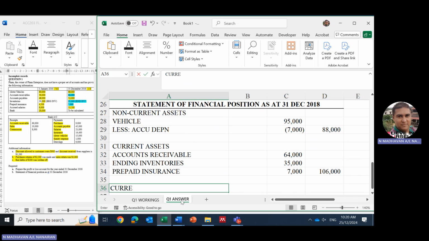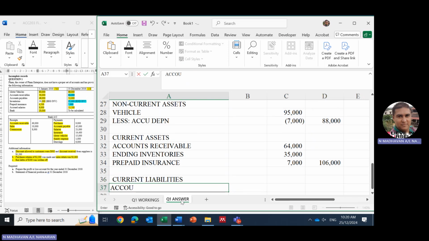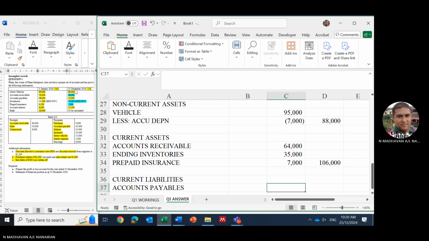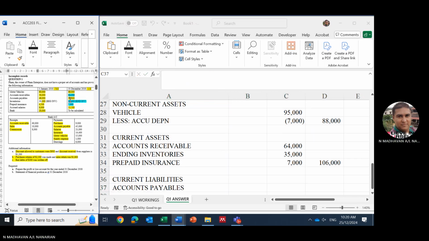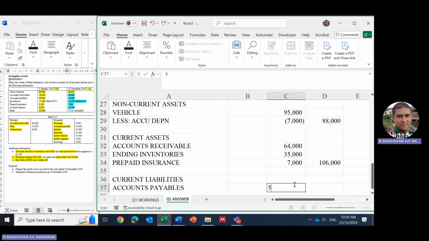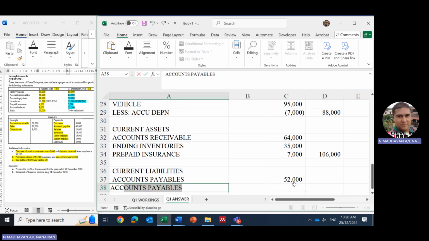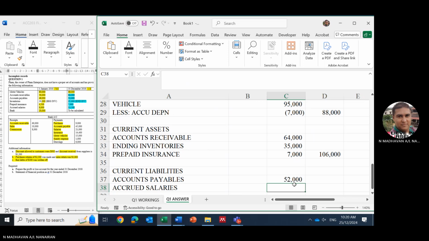Next, you have current liabilities, which is accounts payable. How much? And you also have accrued. This is 52,000. And accrued salaries. How much? 13,500.